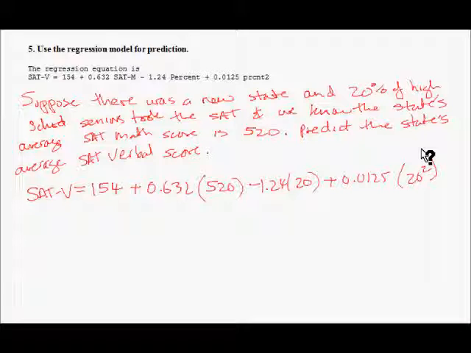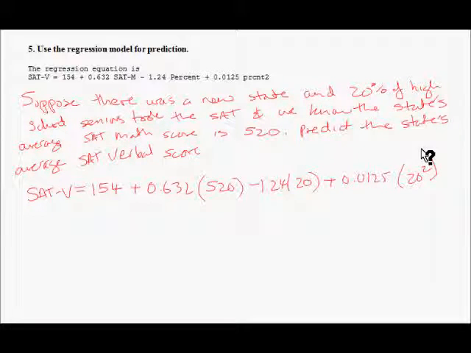I'm going to take 20 squared or 400 times 0.0125, which is 5, minus 1.24 times 20, plus 0.632 times 520, plus 154.